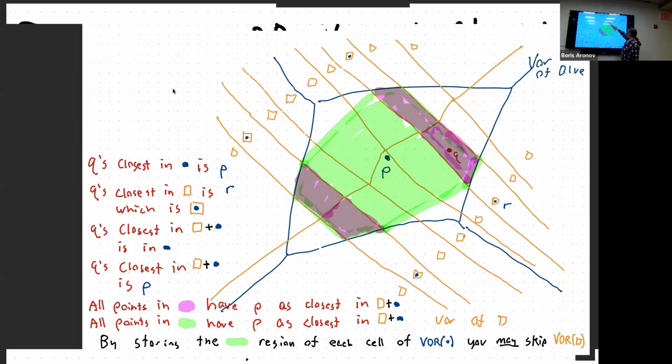Because remember, this is defined by the Voronoi in orange. So if I take an orange point and move it here, then the orange Voronoi boundary is exactly the same as the blue. If the orange and the blue are the same, then the Voronoi diagrams are the same, and this orange cell wouldn't go inside the blue cell.